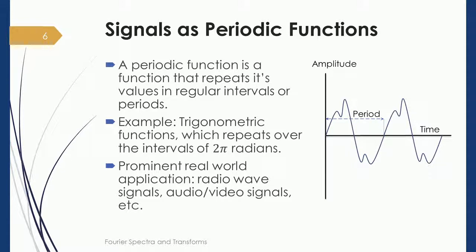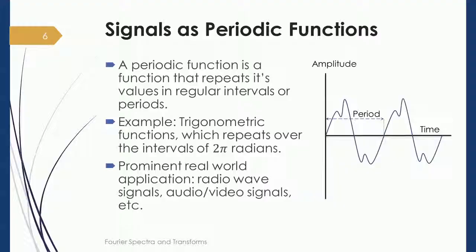Of course, we are all familiar with some very standard periodic functions. All the trigonometric functions we have learned from high school days are essentially periodic functions. We are talking about functions like sine, cosine, and so on. And they typically have a period of interval 2 pi radians.